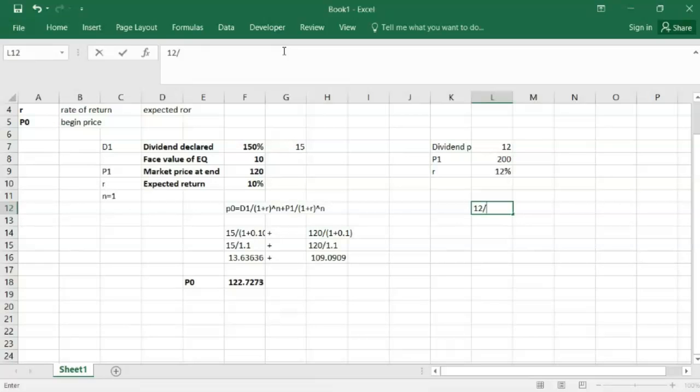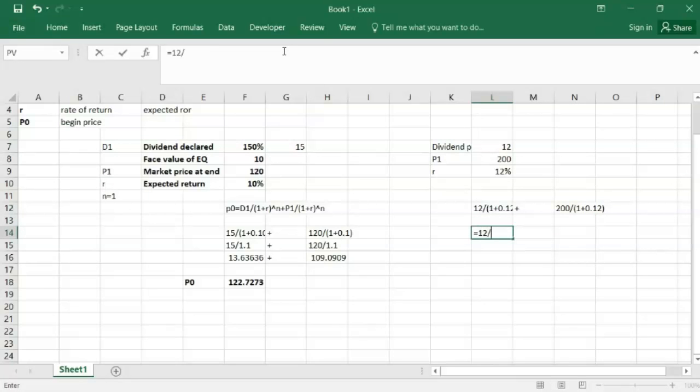12 divided by 100 is 0.12. It means 1 plus 0.12 for the dividend, plus the market price. Market price is 200 rupees divided by 1 plus 0.12. It means 12%, what I have calculated.